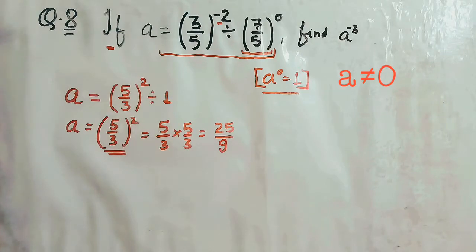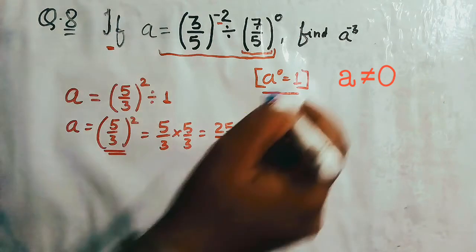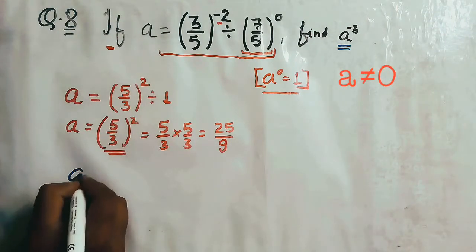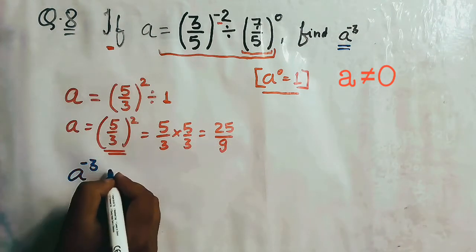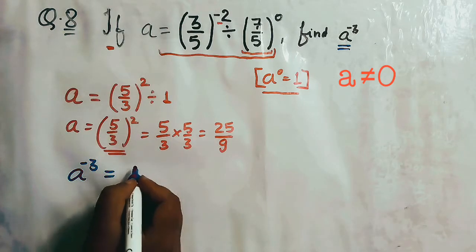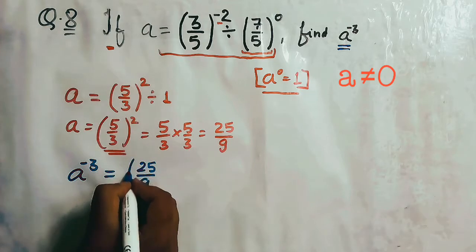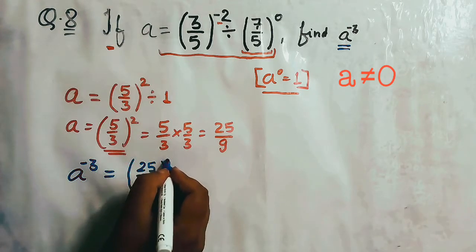Now remember we have to find out A raised to power minus 3. So A raised to power minus 3 will be, replace the value of A, it is 25 upon 9 whole raised to power minus 3.